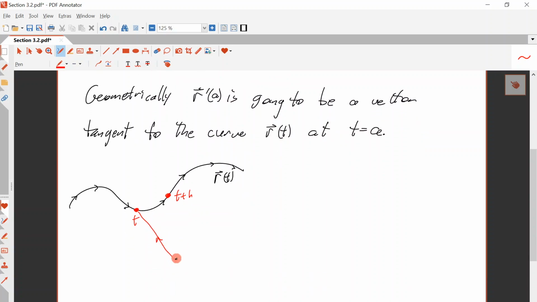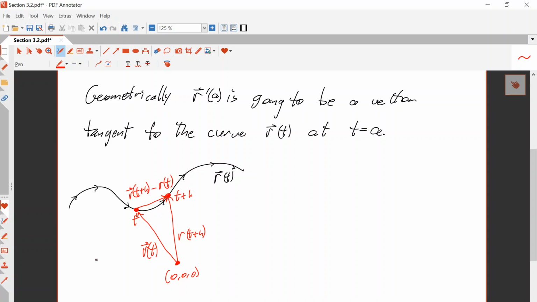If this is the origin, 0, 0, 0, this is r of t, and this is r of t plus h. And then this is the difference of the two, r of t plus h minus r of t.